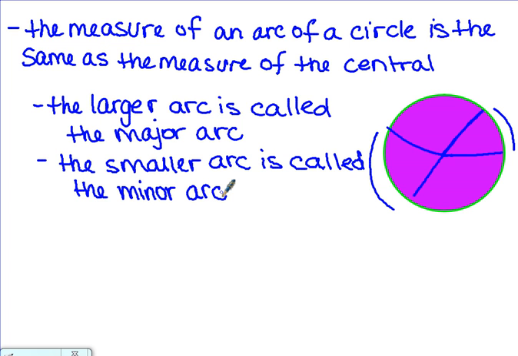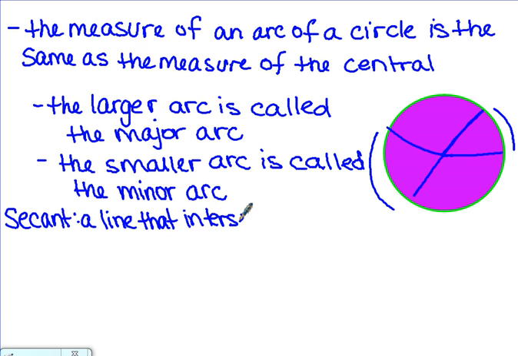All right, let's talk about different parts of a line within circles. If we have a line that intersects a circle in two places, the line would be called a secant. A secant is a line that intersects the circle in two or more places.